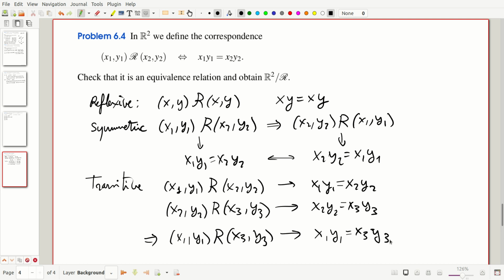So yes, it's also transitive. So it is an equivalence relation.